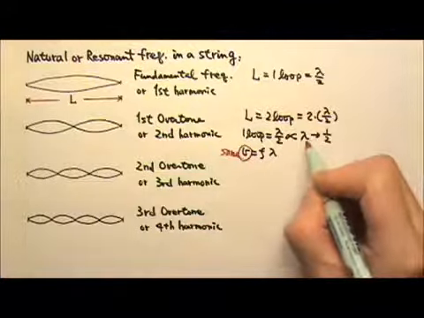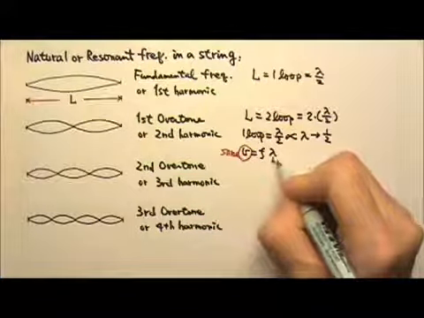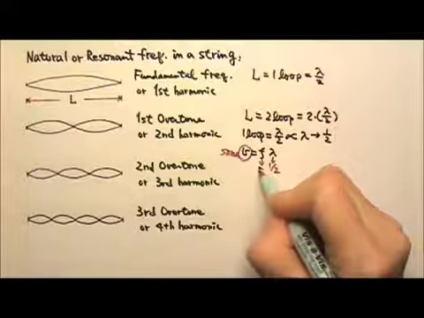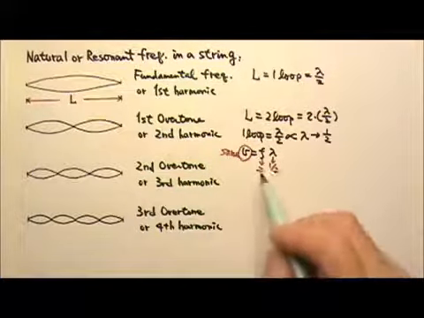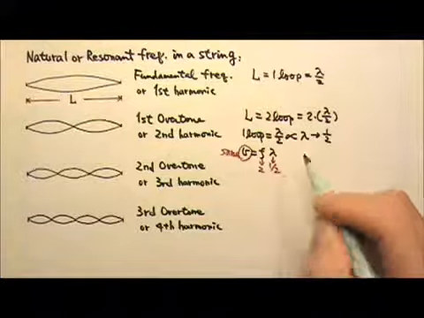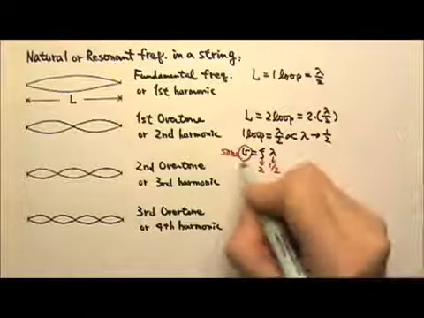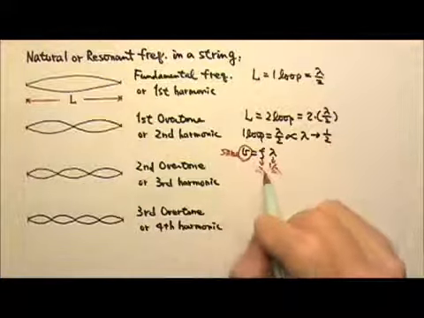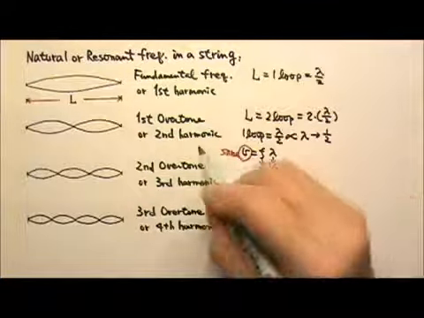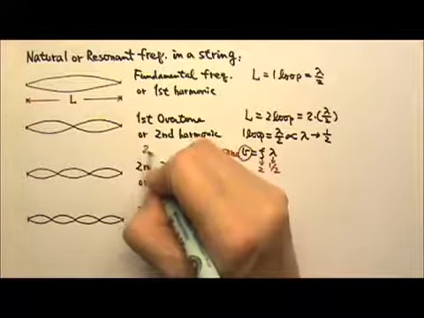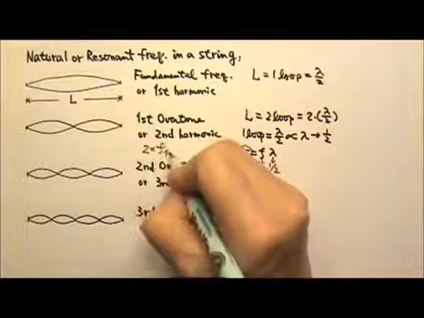That means if this one's wavelength is halved, the frequency has to be doubled because 2 times 1/2 equals 1. So if wavelength is halved, the frequency must be doubled in order to keep the speed the same. That means the frequency for the second harmonic must be twice the fundamental frequency.